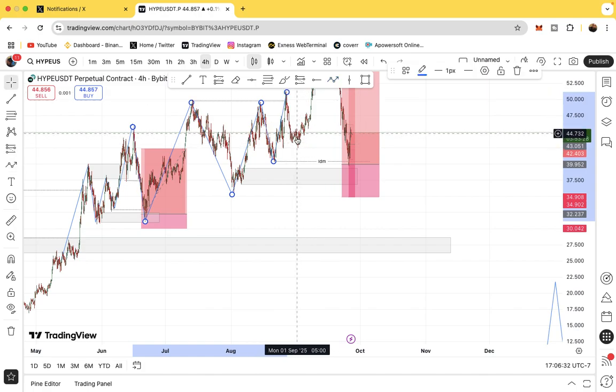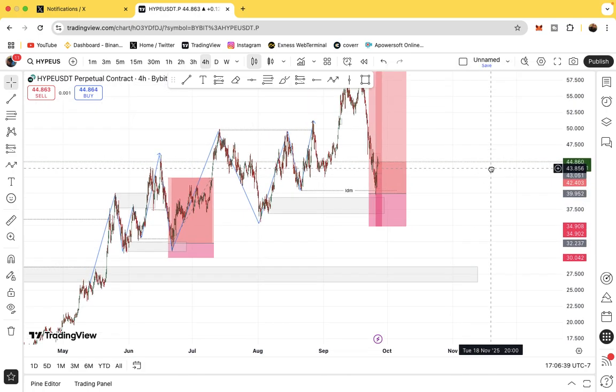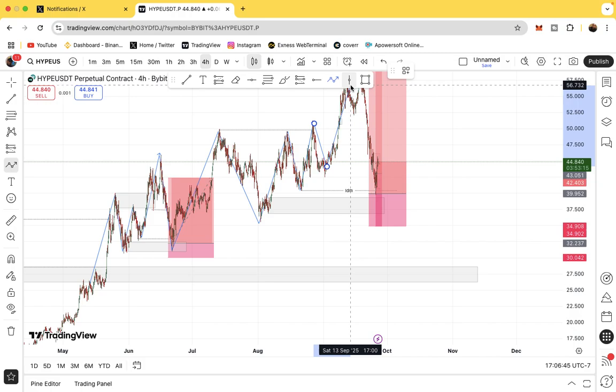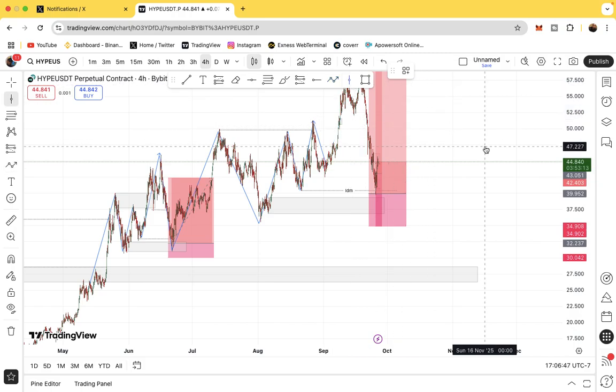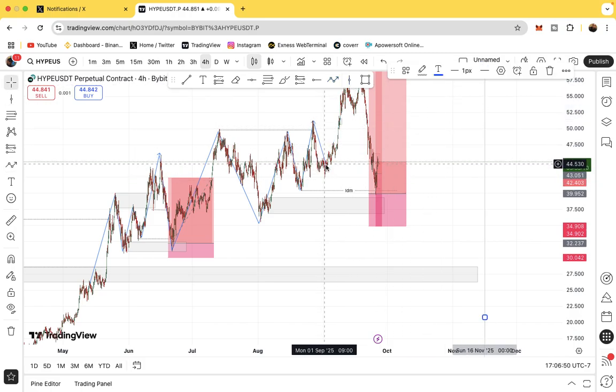So I now understand where my inducement liquidity is, and I expect the market to take out my inducement liquidity before going back up. That was how, in this current trade, which I share with the community.